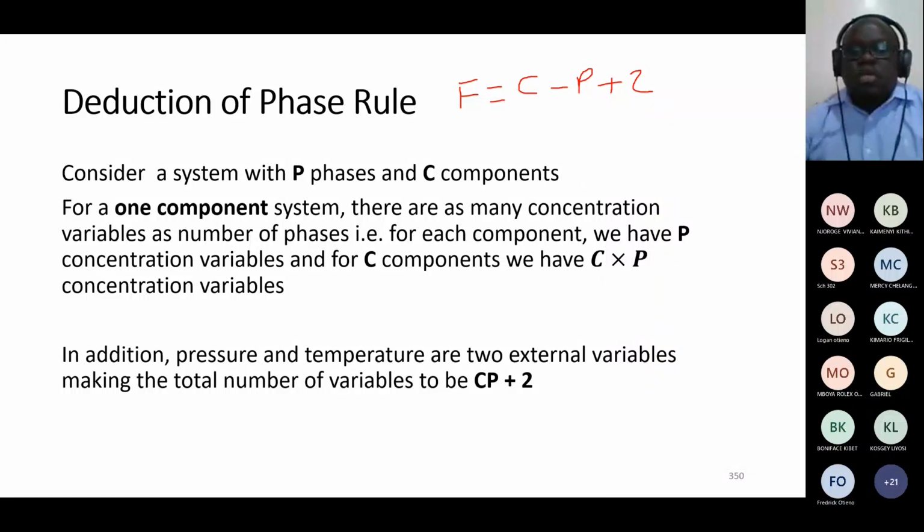These are two external variables that you use to describe it. Therefore, the total number of variables is the concentration variables plus the external variables. So that is CP plus 2. That's the total number of variables for this particular system.